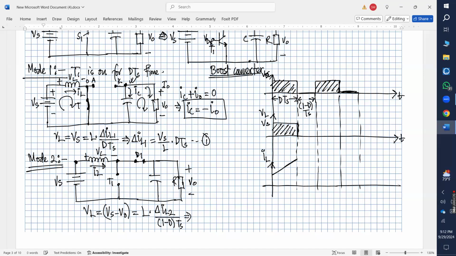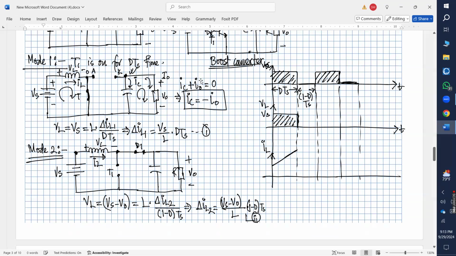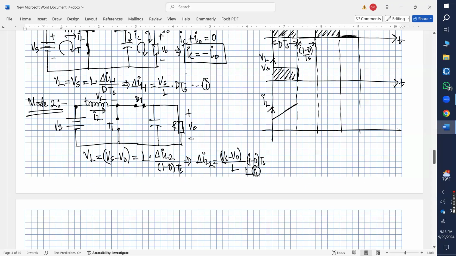So del IL2 should be equal to VS minus V naught over L multiplied by 1 minus D multiplied by TS. Suppose this is your equation number 2.